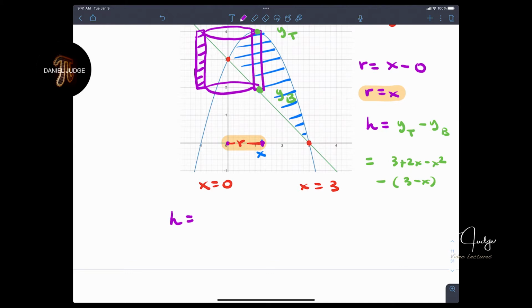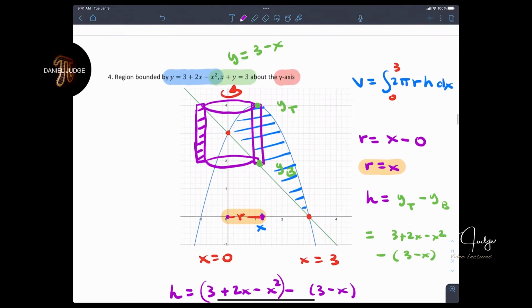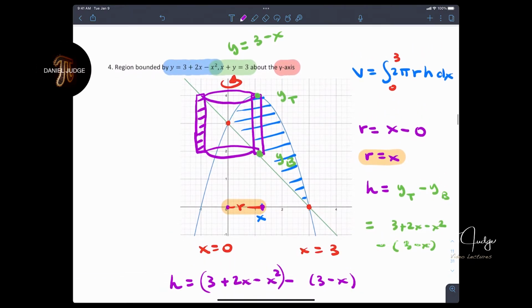Our height is the top value minus the bottom value. So 3 plus 2x minus x squared minus that 3 minus x here. And that's going to be my height there.